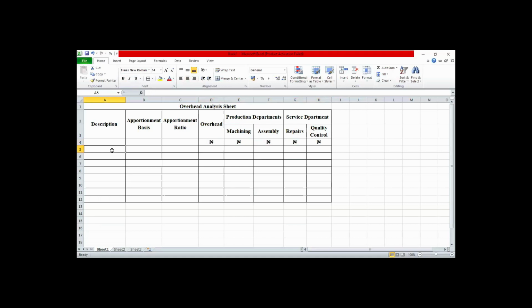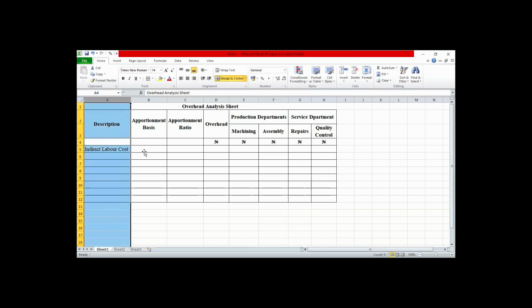All right, sir. We have indirect labor cost. Indirect labor. That one has no basis of apportionment.